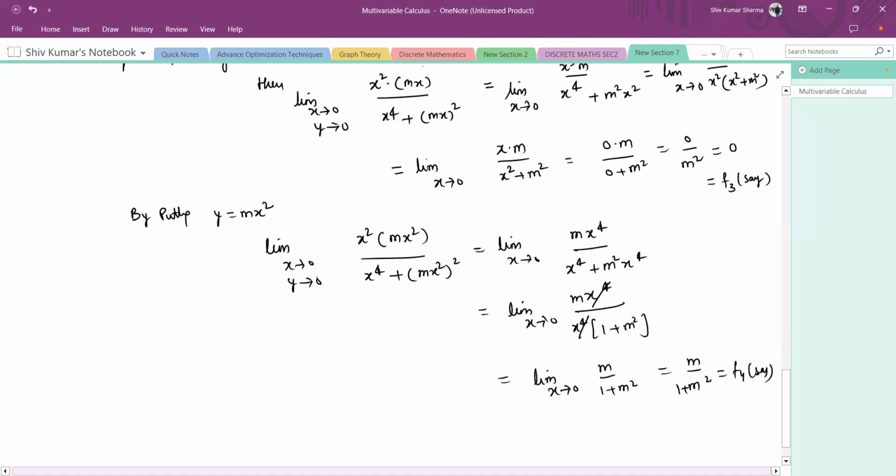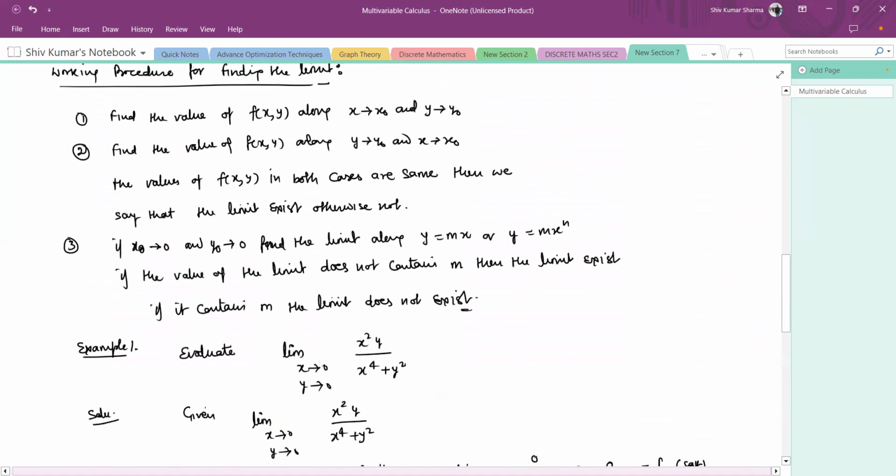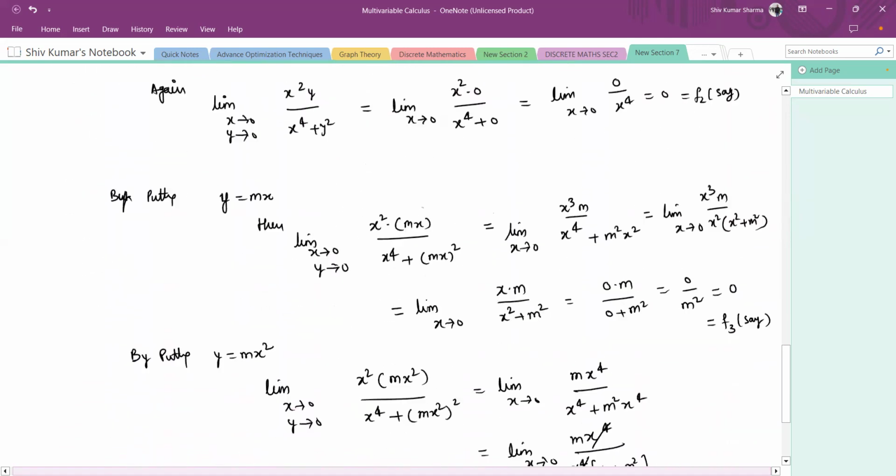Now, as per our working procedure, if the value of the limit does not contain m, then we can say that the limit exists. If it contains m, then the limit does not exist.